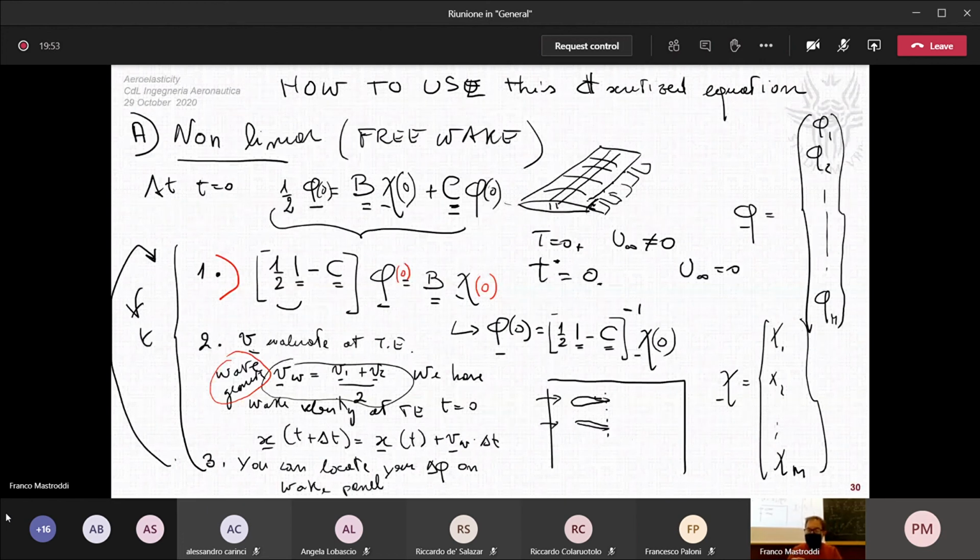And after this, determine the geometry of the wake in this way: x at t plus delta t is equal to x at t plus v wake dot delta t, and move onto this new panel your delta phi, so applying the last boundary condition on the wake.